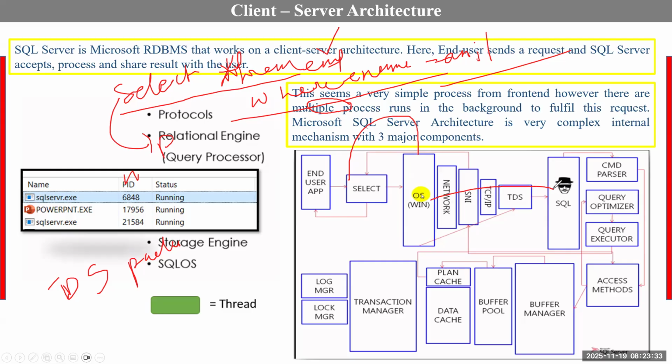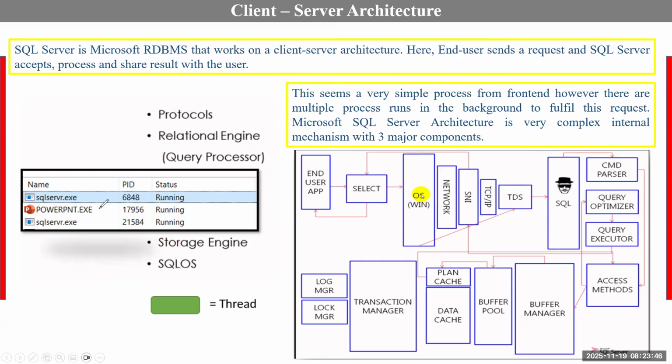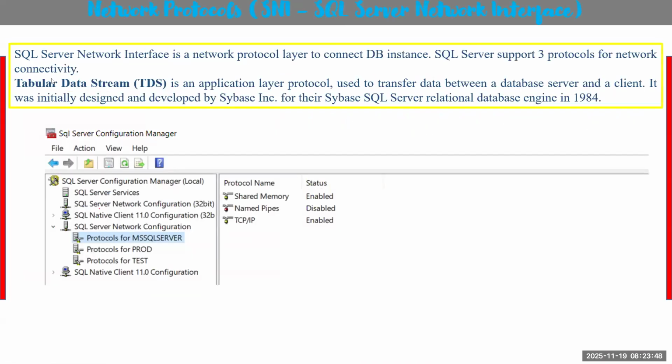What is TDS? Tabular Data Stream. It is a network packet, sir. This is completely designed as a tabular data stream packet structure.